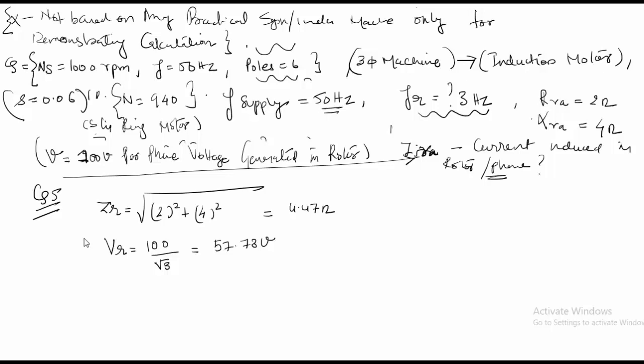Now this is the per phase voltage, and your current per phase, if you consider your A phase, will be 57.73 divided by 4.47.